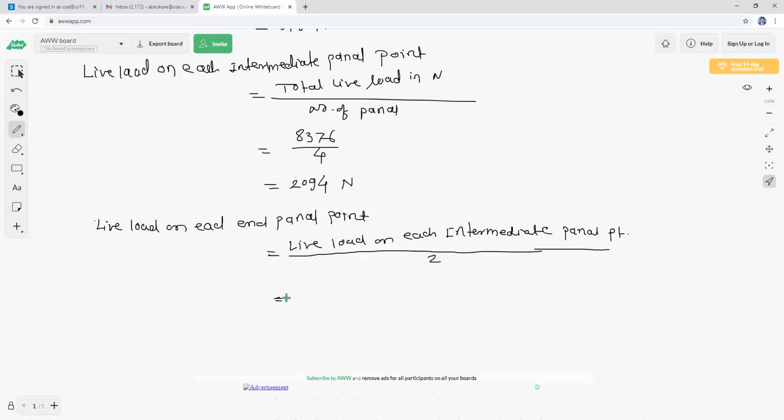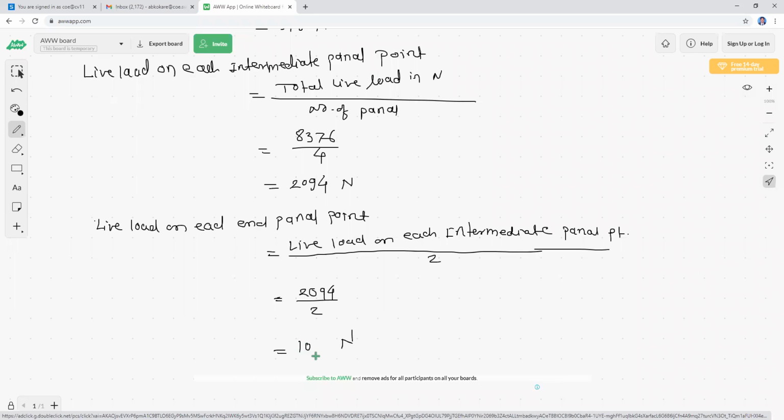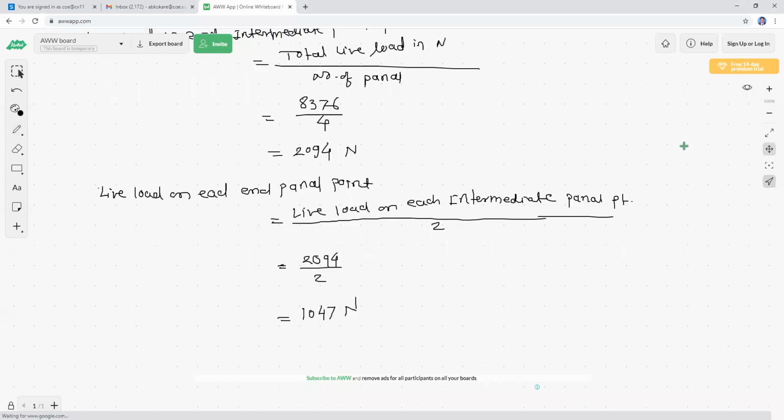So live load on each intermediate panel point is 2094 divided by 2. So how much is this? 1047. Correct? 1047. So this is the live load calculation.